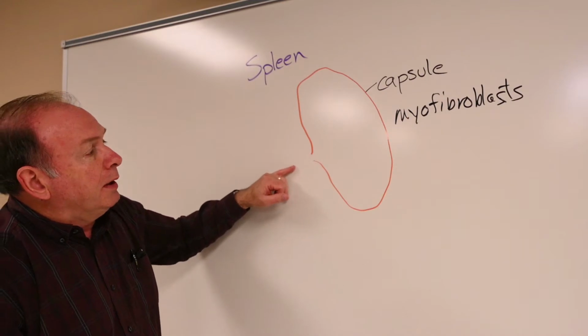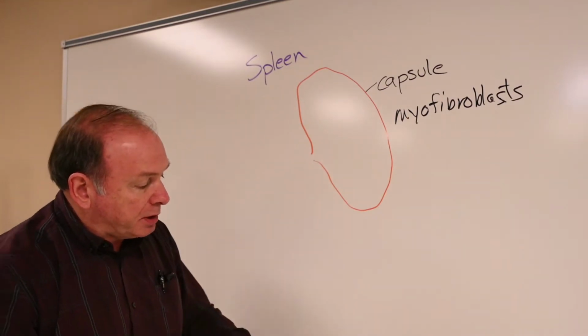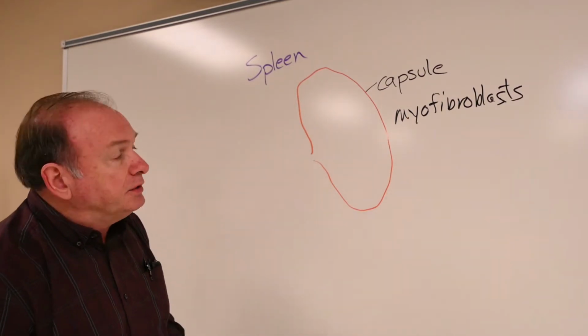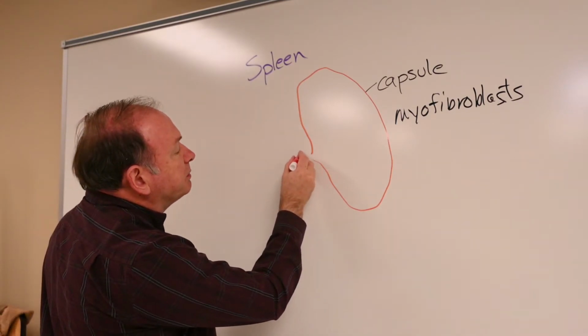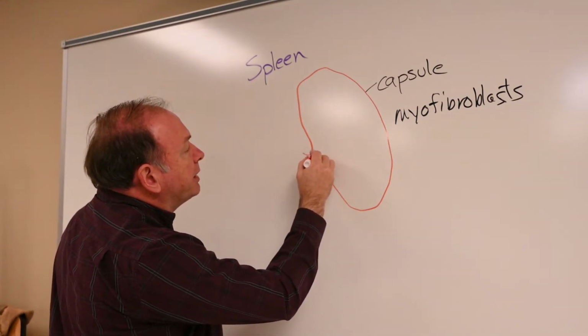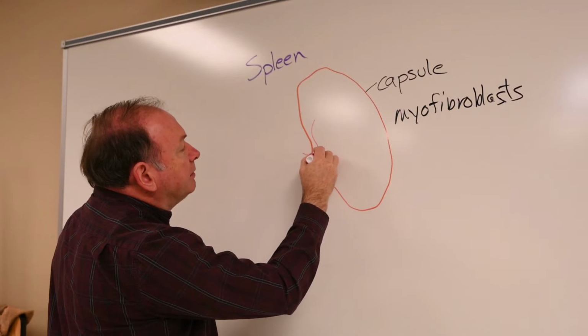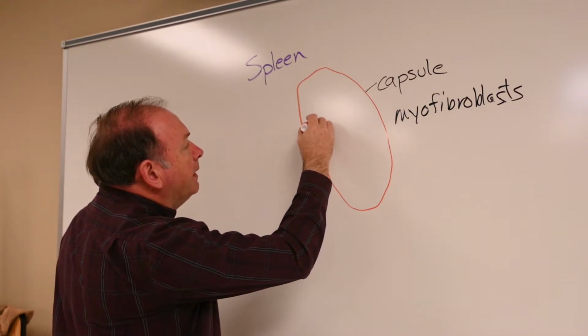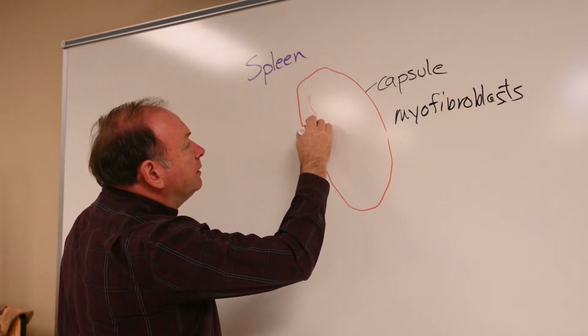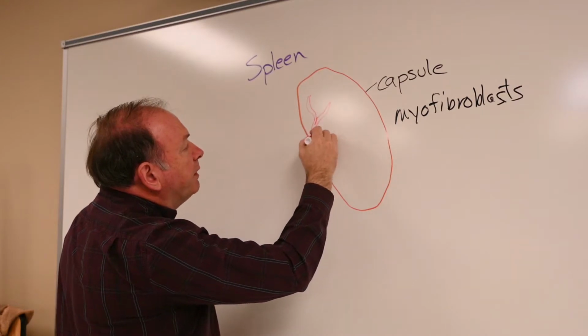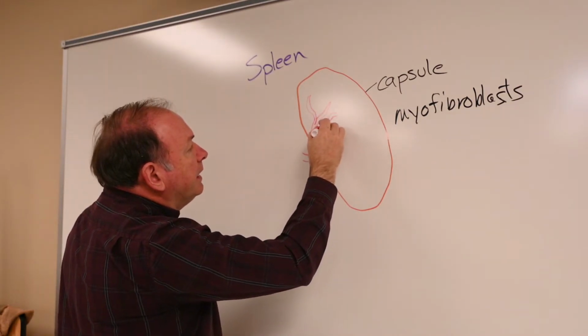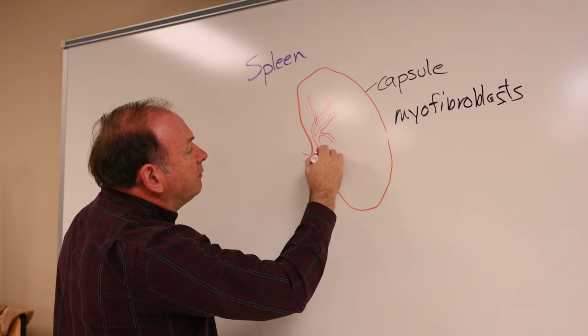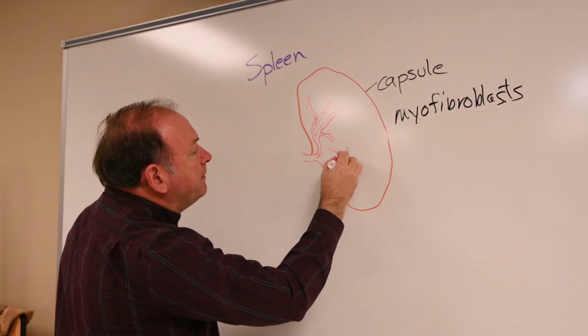There's one point on the spleen where vessels come and go. So you've got arteries coming in here. So there's a splenic artery. Splenic artery comes in and branches out through the tissue. I'll just draw some of the branches in here to give a little bit of the flavor of what's going on inside the spleen.